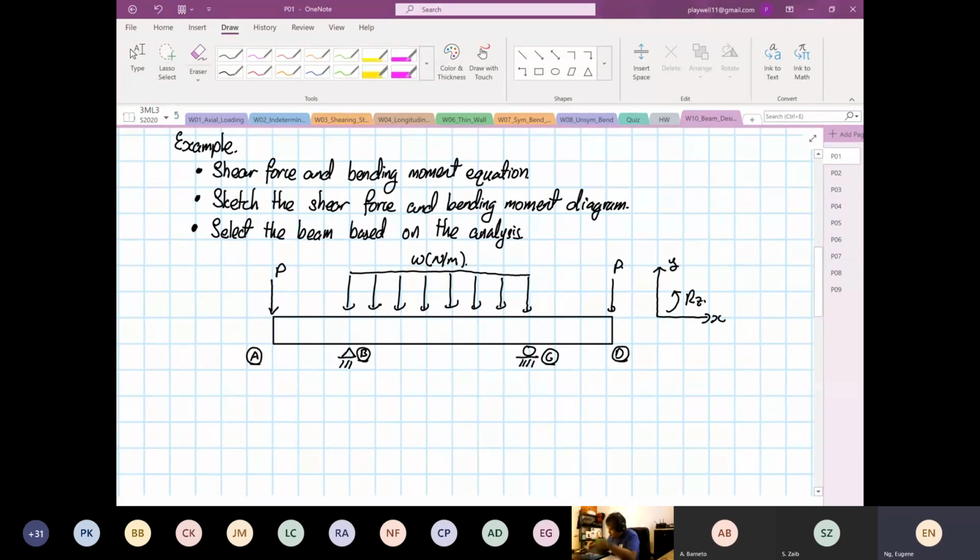And then we have our respective dimensions. So from A to B you have a. From C to D, again you have a. And then from A to the entire distance D, what you have over here is L, right? And then from here to here, you have L minus a.